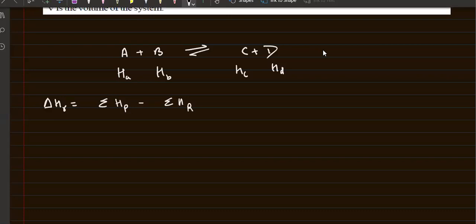This is the basic definition of heat of reaction. So this is HC plus HD minus HA plus HB. So this is your enthalpy change of a reaction.